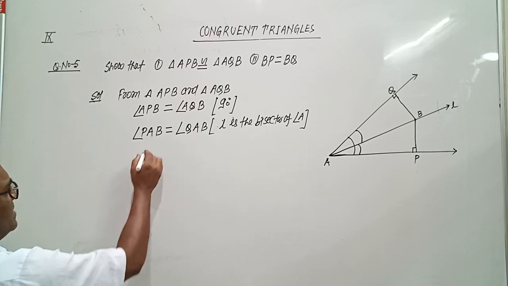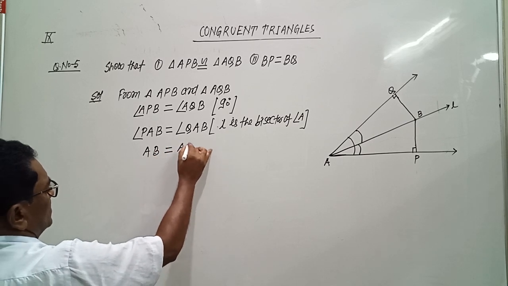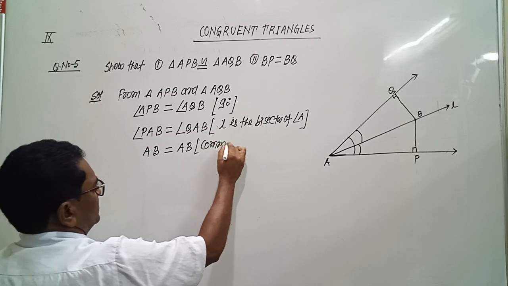And side AB is common for both the triangles. So AB equals AB. That is the common side for both the triangles.